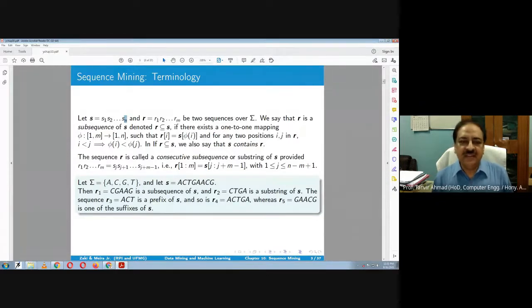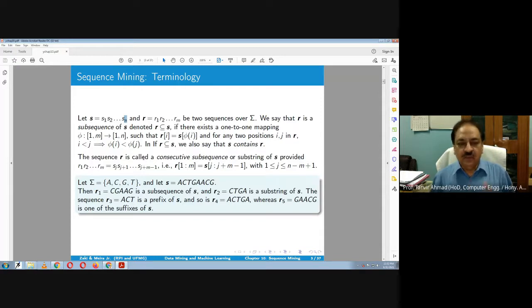Such that R of i is equal to S of phi of i for any two positions i, j in R. If such a condition is satisfied, we say that R is a subset of S, and we can also say S contains R, meaning the whole of R is in S. The sequence R is called a consecutive subsequence, or substring, of S if R1, R2 up to Rm is equal to Sj+1 up to Sj+m-1.